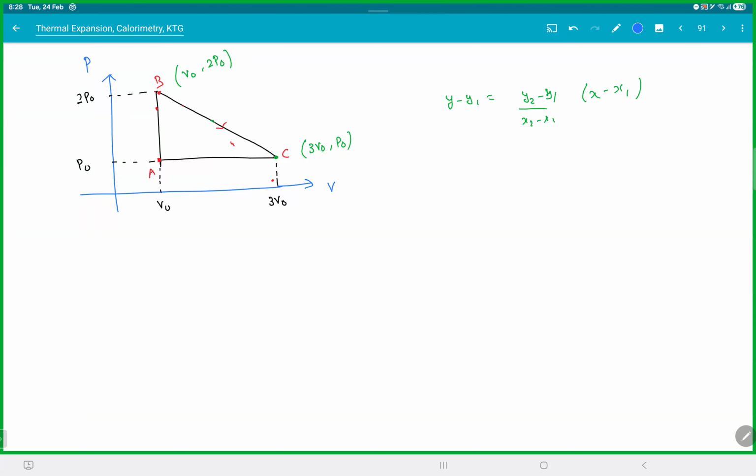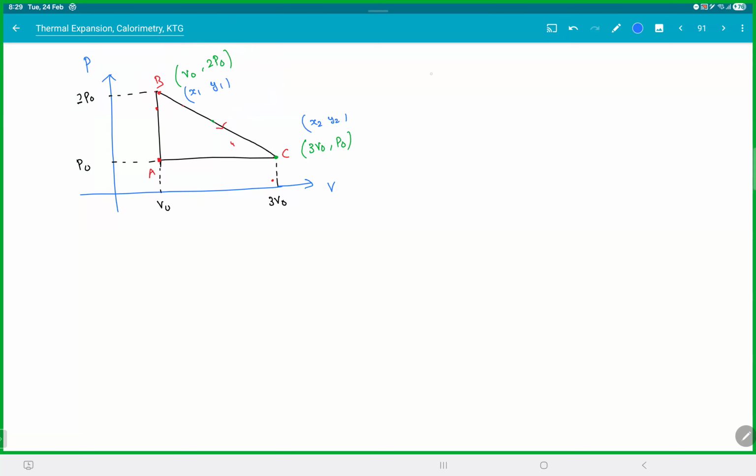How do we get the equation? So see. So y minus y1. I'll take V naught and 2P naught as x1, y1. This is your x2, y2.